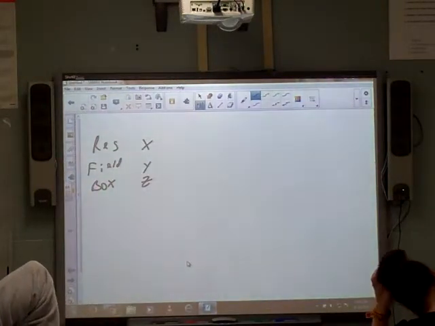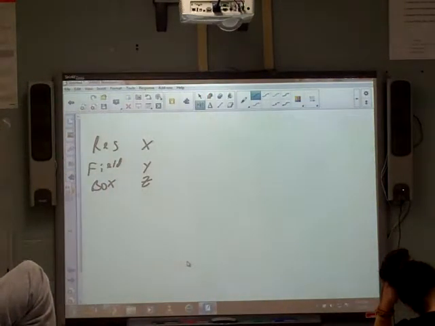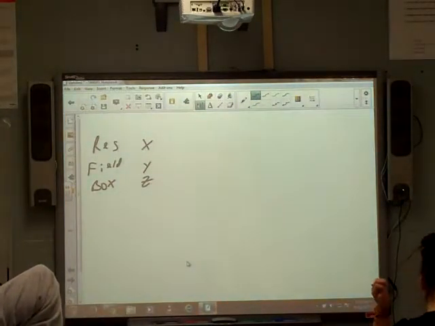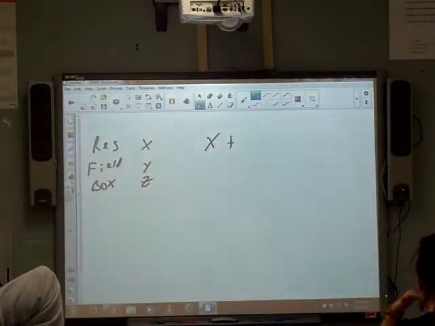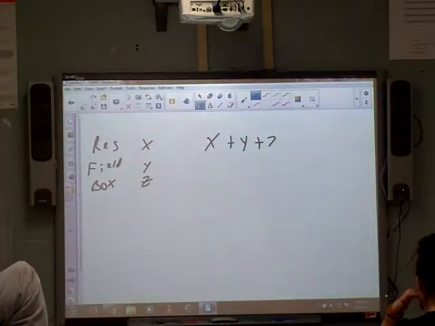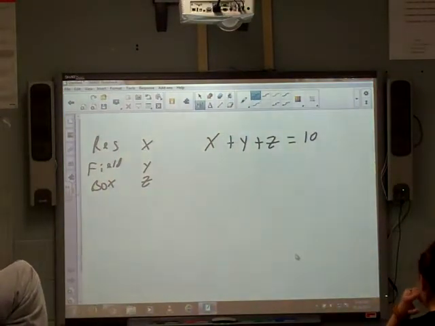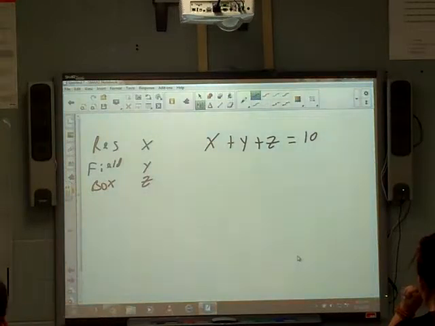Okay? Then it tells me how much each of them cost. I'll get to that in a second. It tells me I bought 10 total tickets. So however many reserved I bought, plus however many field level I bought, plus however many box seats I bought, total to 10. Okay? Then it told me how much my total bill was.